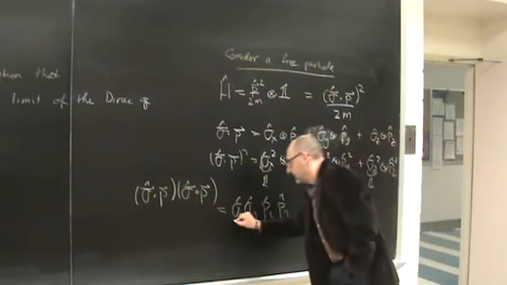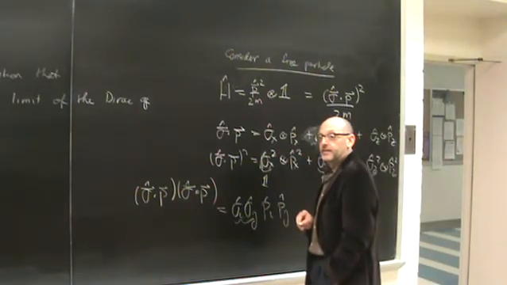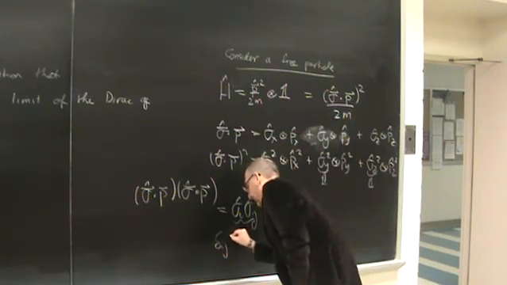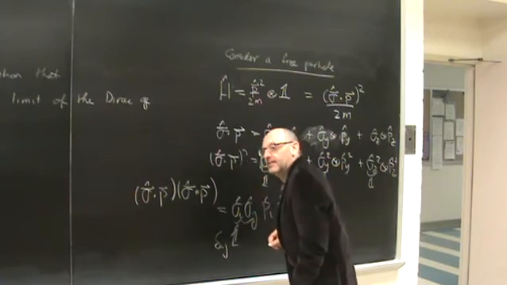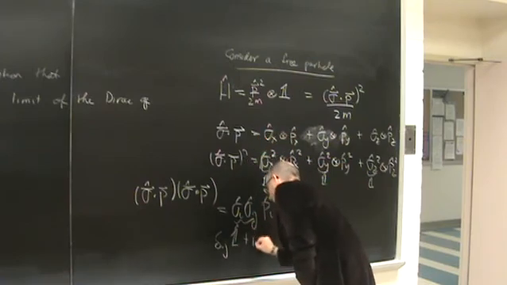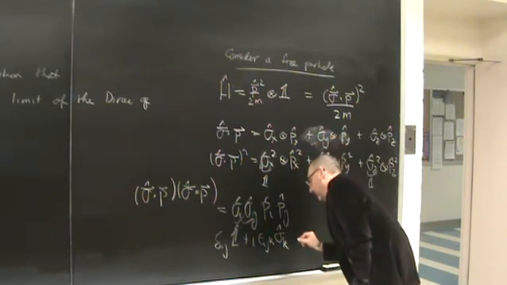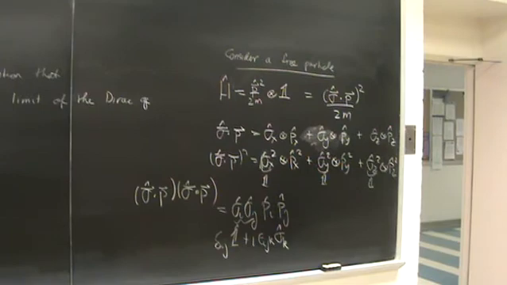This, we remember, is 1 if they're equal, and it's equal to i epsilon ijk sigma k if they're unequal.